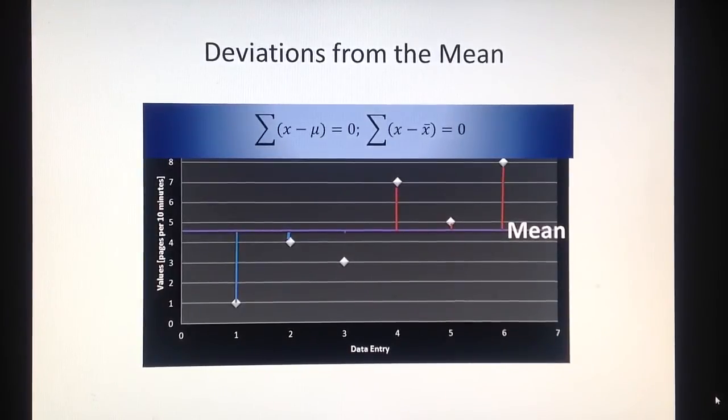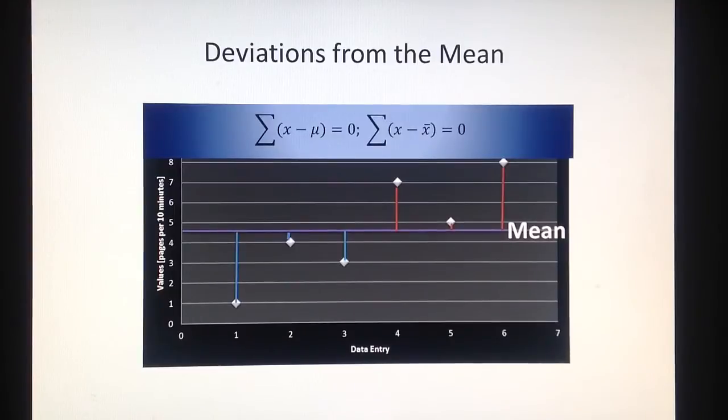I use not real data, but simple data of 6 values, and I calculated the mean, which is 4.6. And as you can see, some of the deviations are above the mean and some are under the mean in this scatter plot. The reason that this sum of the red and blue is always 0 is because this is how the mean is defined.